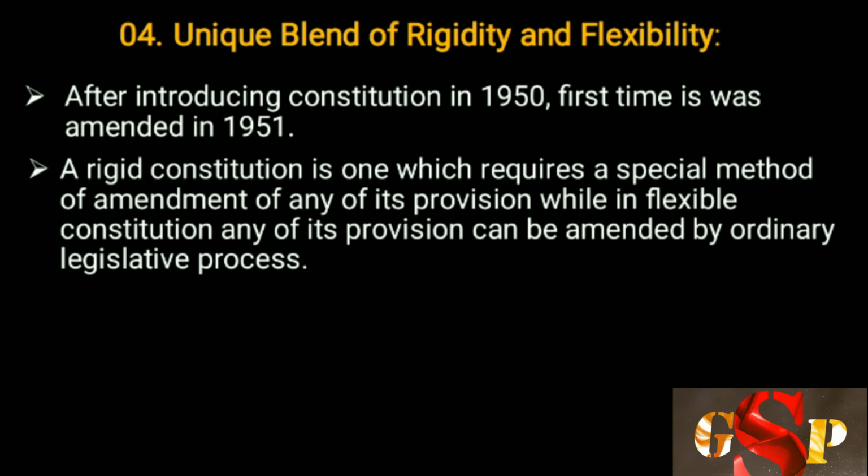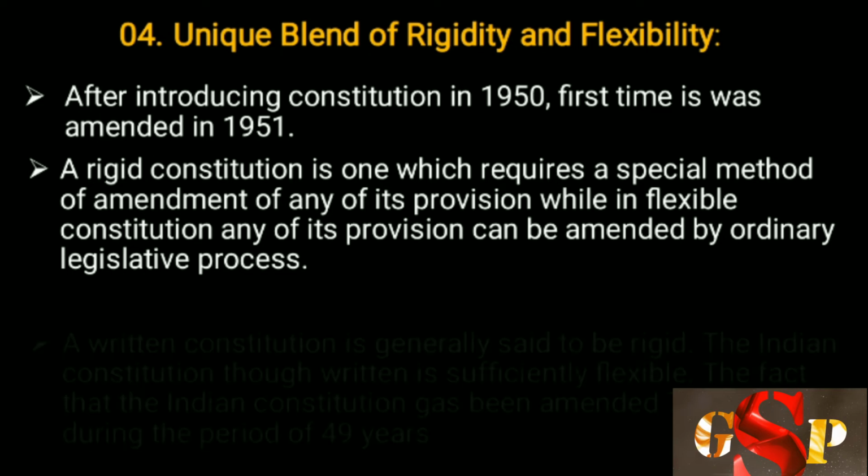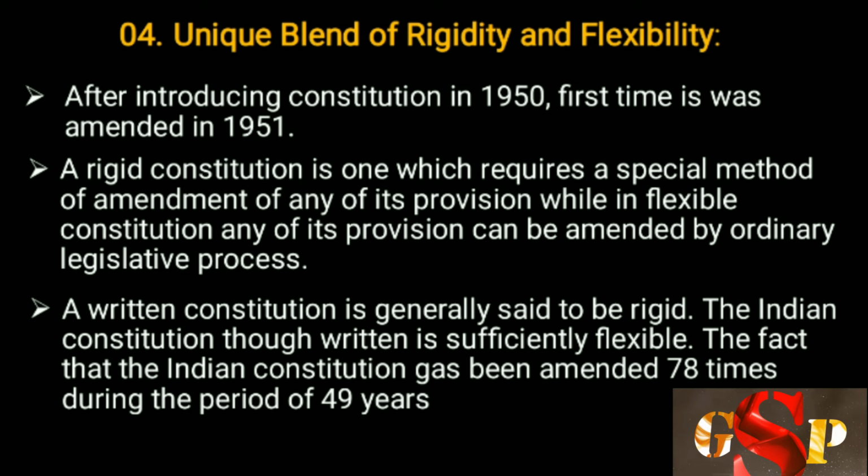A rigid constitution is one which requires a special method of amendment of any of its provisions, whereas in a flexible constitution any of its provisions can be amended by the ordinary legislative process, which is called a simple majority. A written constitution is said to be rigid. The Indian Constitution, though written, is sufficiently flexible. The Indian Constitution has been amended 78 times during the period of 49 years.